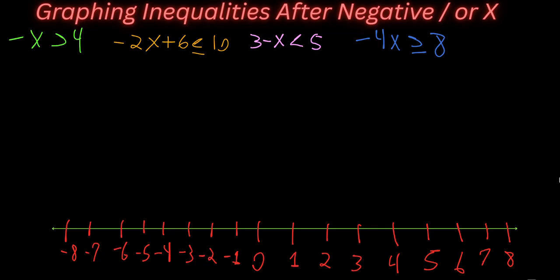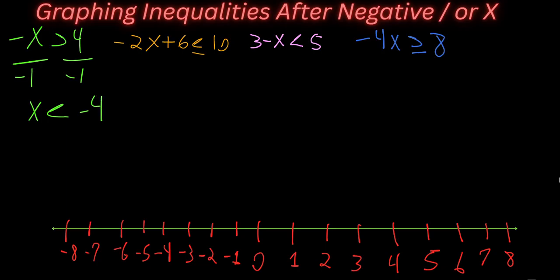Okay, now I'm going to follow up behind you so you can see it, kind of check your answers and make sure they're correct. Right, so we divide both sides by -1. We get x, and we flip the inequality sign.